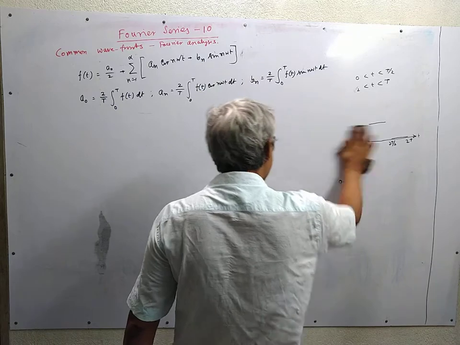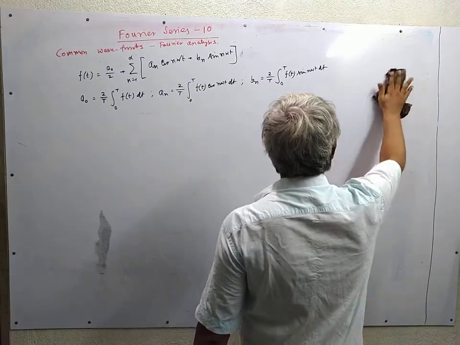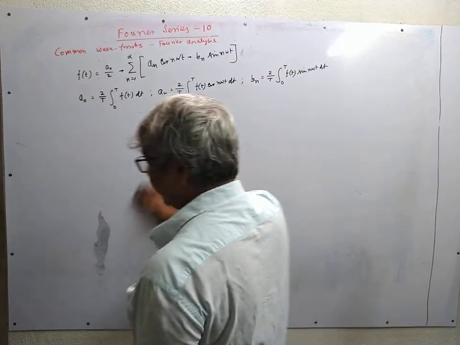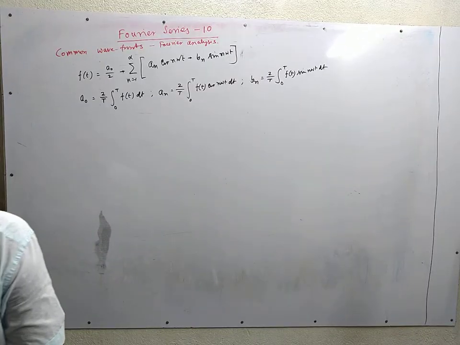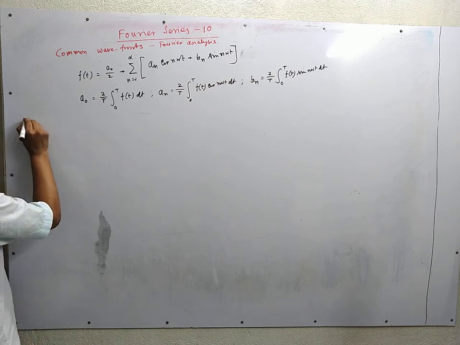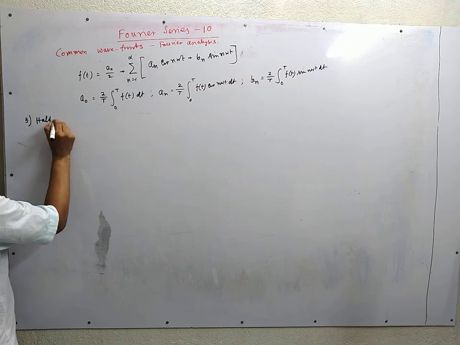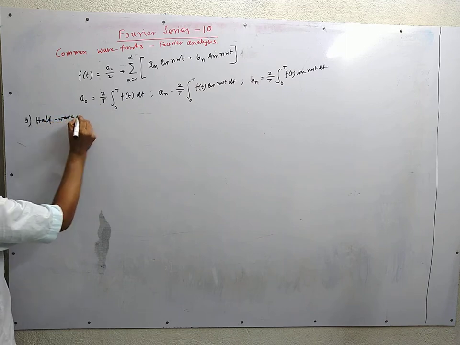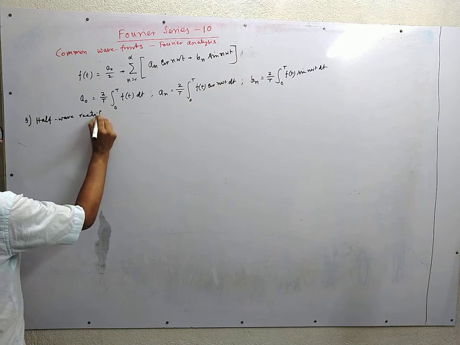If we analyze the outputs of such rectifying devices, what will be the Fourier analysis of the corresponding ones? We are going to do this. Fine. Half wave rectifier.